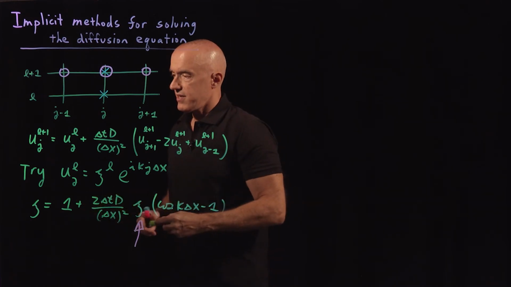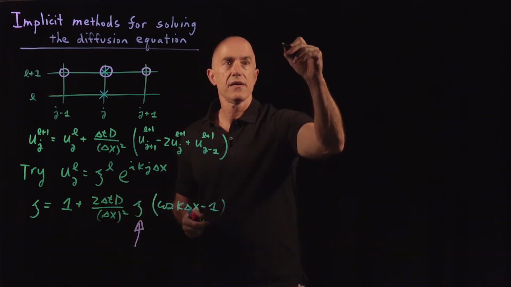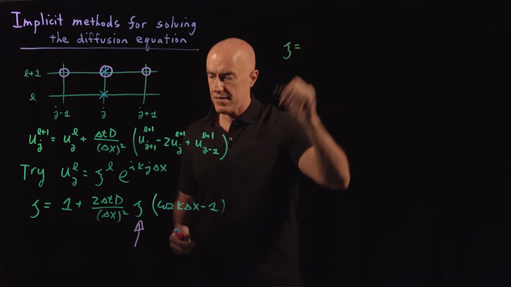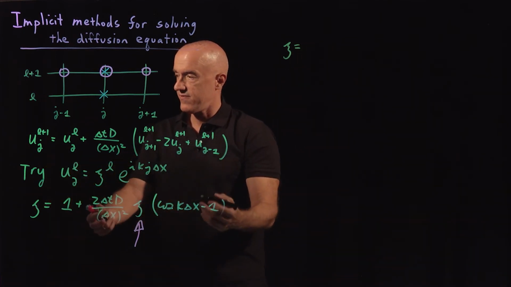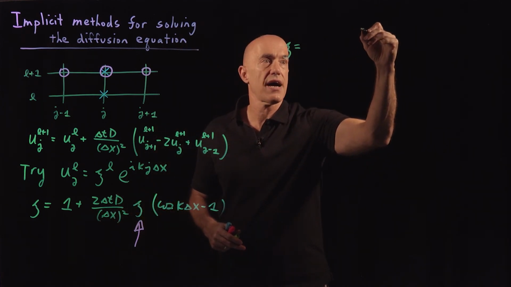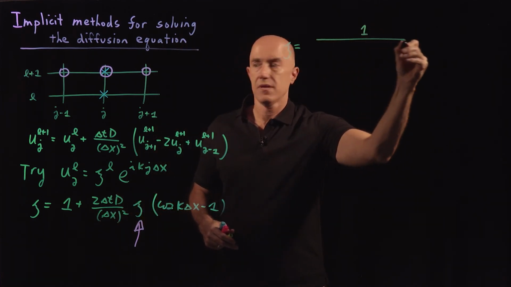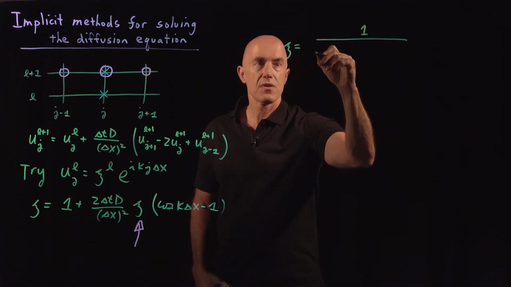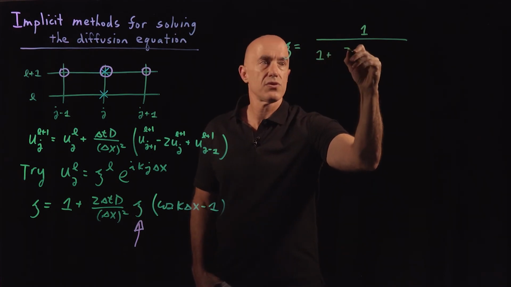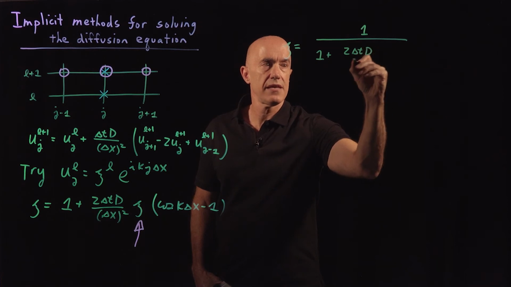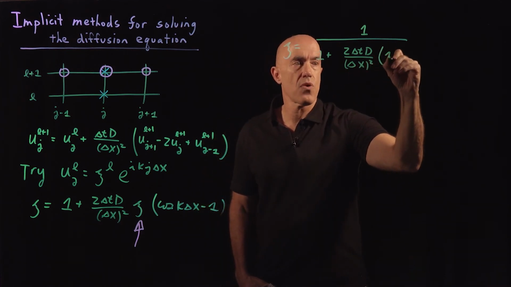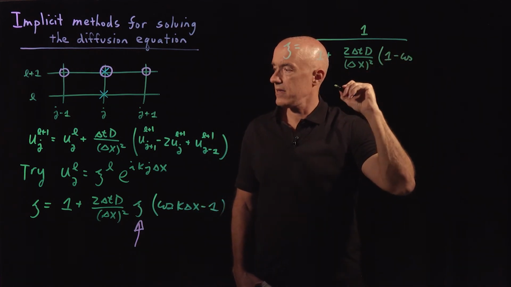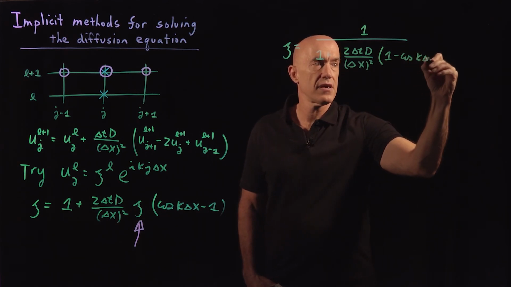So we can take this equation and solve for psi. What we end up with is psi, putting this on the left-hand side, factor out psi, and then divide. You end up with psi is equal to 1 divided by 1 plus 2 delta t D over delta x squared times 1 minus cosine k delta x.